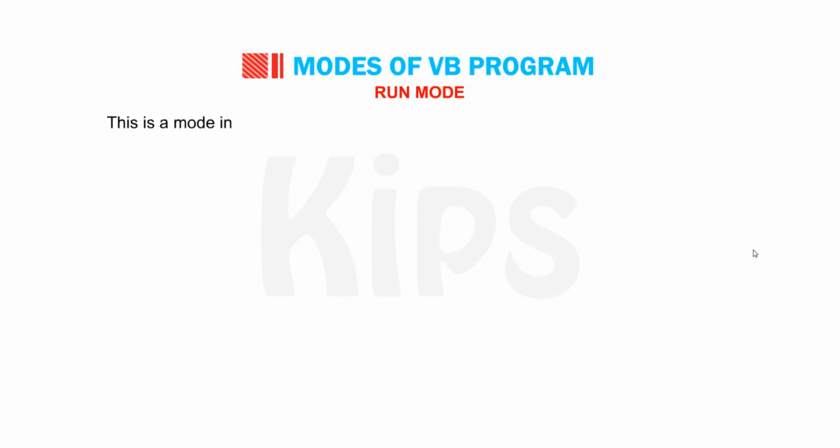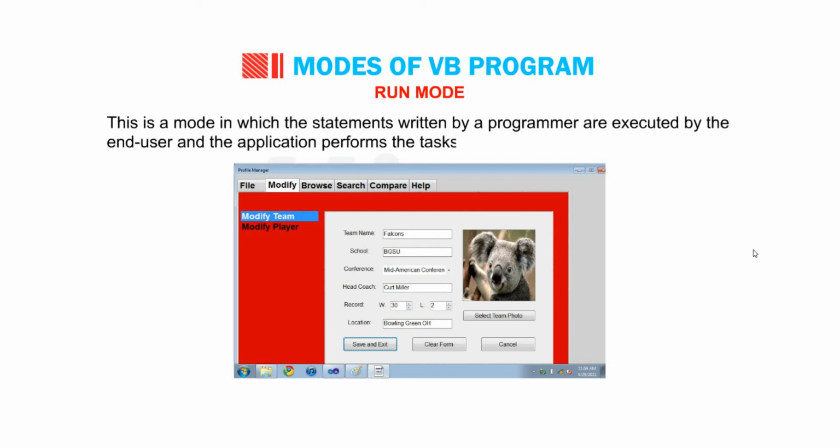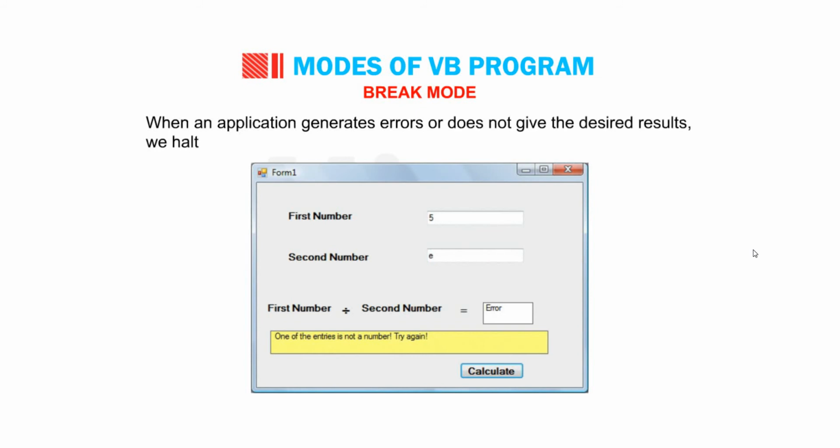Run mode is a mode in which the statements written by a programmer are executed by the end user and the application performs the task for which it has been designed. Break mode is when an application generates errors or does not give the desired results. We halt its execution for removing errors.